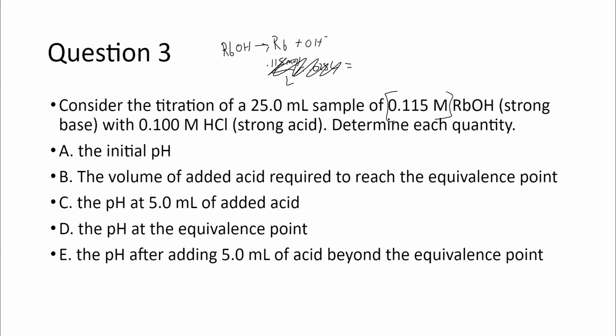So our pOH equals 0.939. So to get our pH, we just take 14 minus that. So our pH is 13.06.